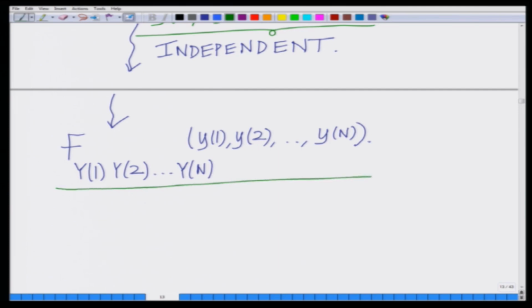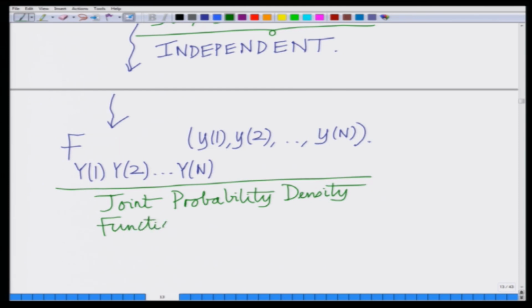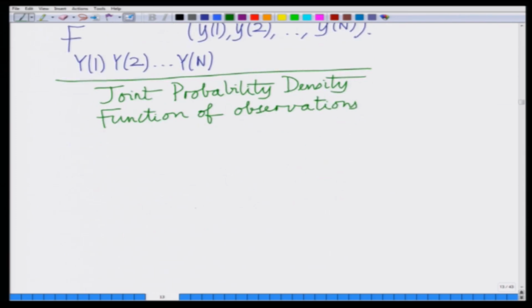This is the joint probability density function of the observations.